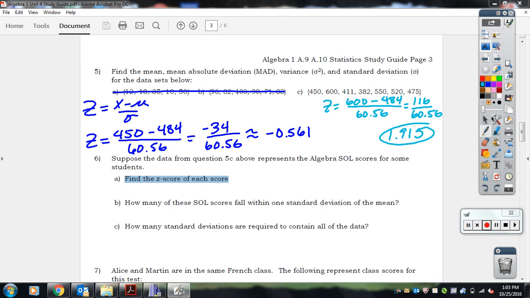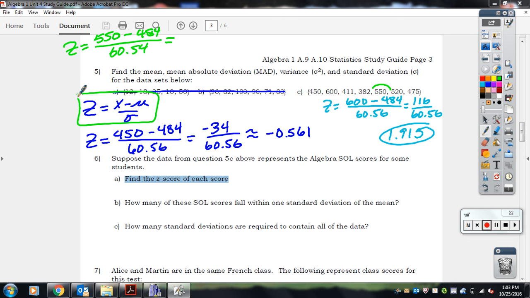Let's do one more to make sure it sticks in there. Let's randomly choose 550. Again, my z-score equals 550 minus the average, which is 484, divided by the standard deviation, which is 60.56. Notice that everything stayed the same, except for what my x, or my element, was in my z-score formula.